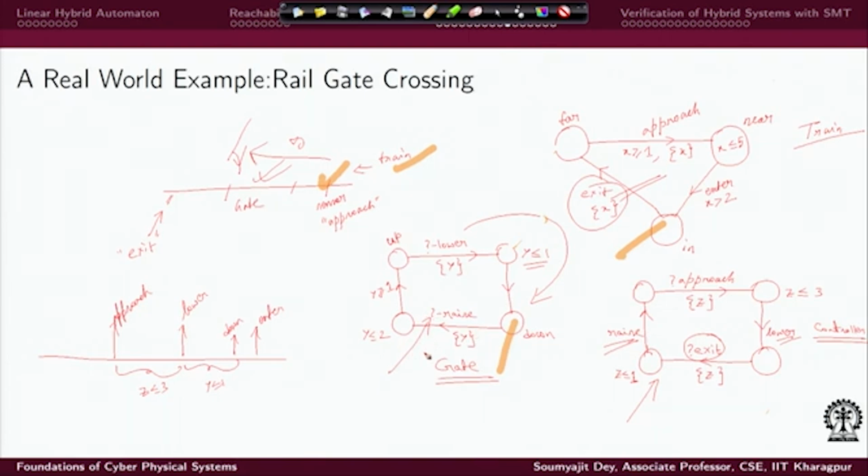And with that, after getting this raise signal inside this 2 units of time, you have a resetting and you have a guard, the gate will go to this up state, right. So once it has exited, it gives the raise signal based on the exit event, and within 2 units of time of getting the raise signal, the gate will go to an up state. So that's how it works here.